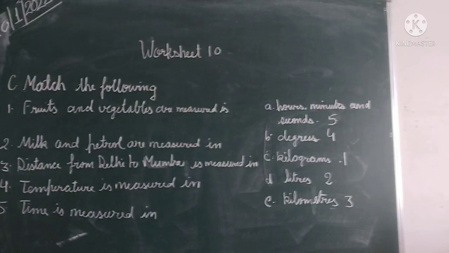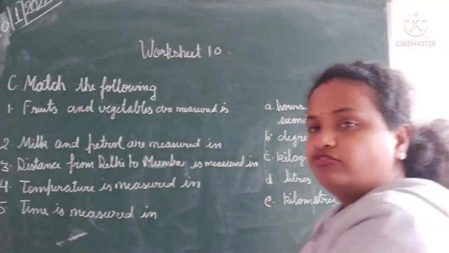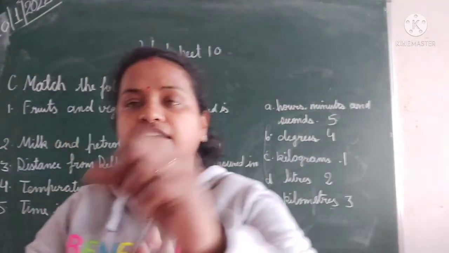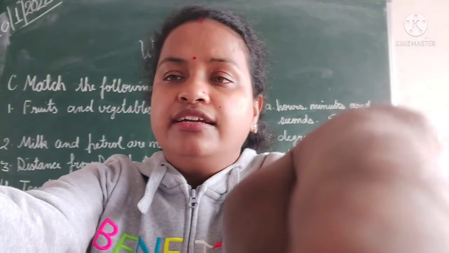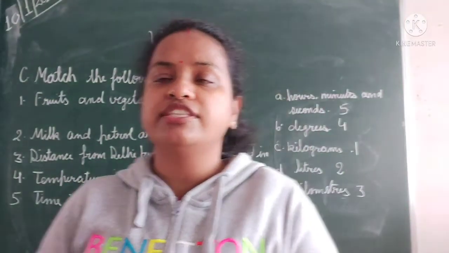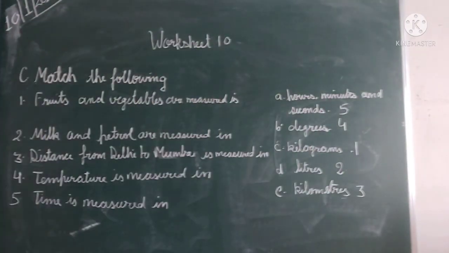These are the different types of units in which they are measured. Now the small exercises, that is tick the correct answer, fill in the blanks and match the following, of this chapter are completed.